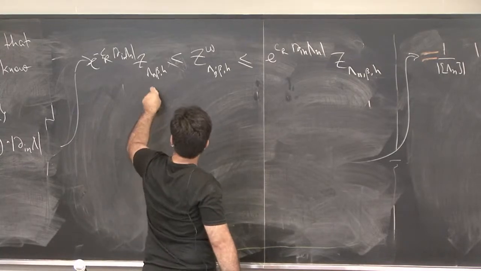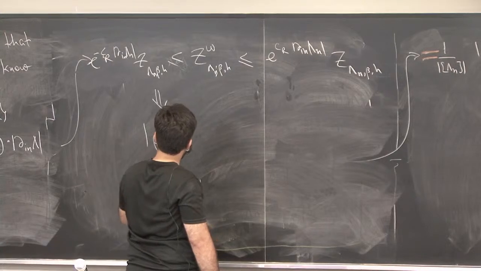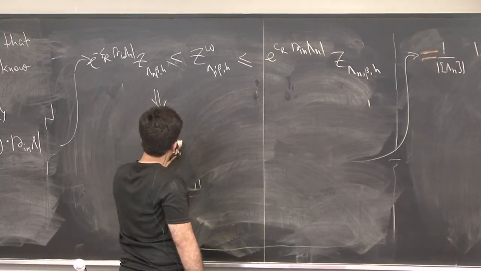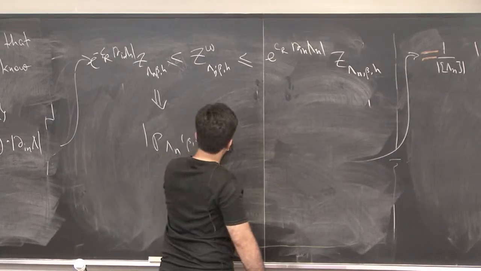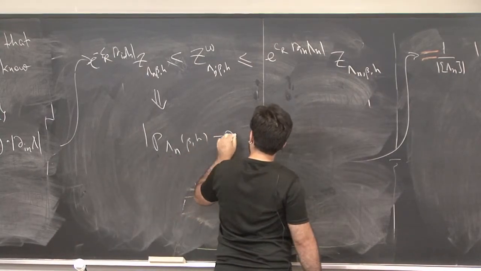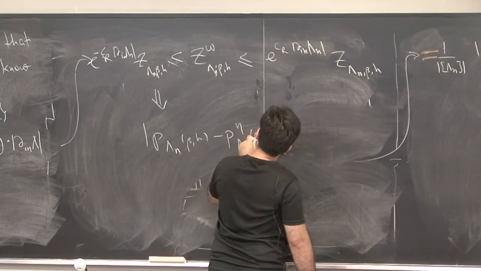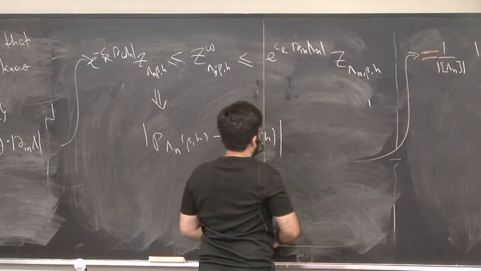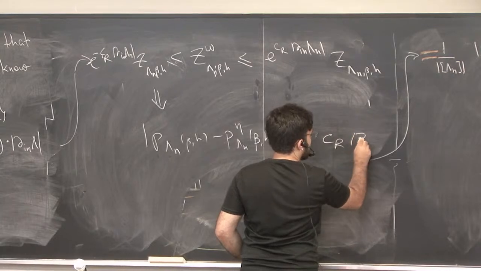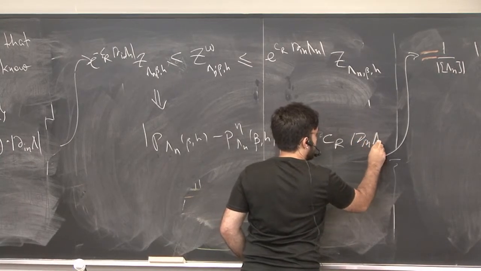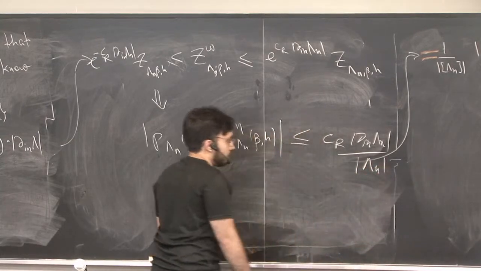What we get is that the difference between the local pressure with empty boundary conditions and the pressure with boundary condition beta h will be less than a constant that depends on r times the size of the boundary divided by the volume.